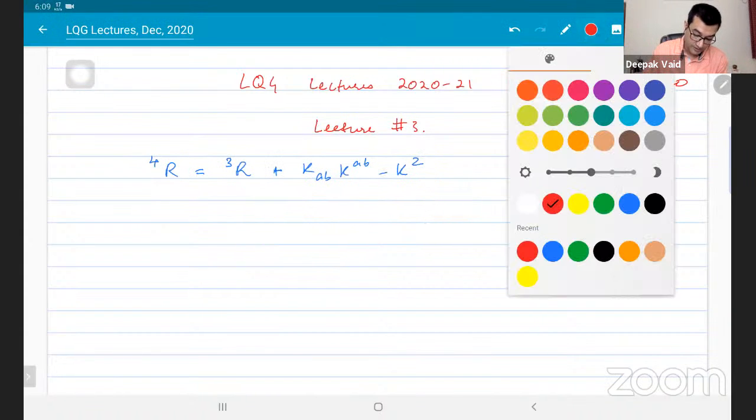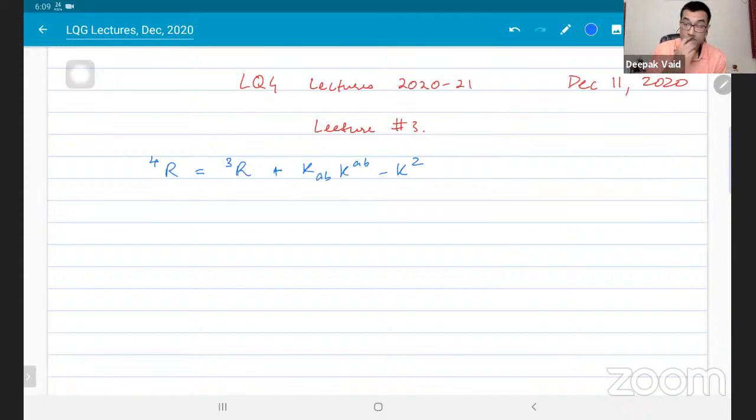If you want, I can spend some time working out the derivation, but it's just long and tedious. And you can find it in many other references. So I'll give you a brief outline of the derivation instead of deriving the whole thing.